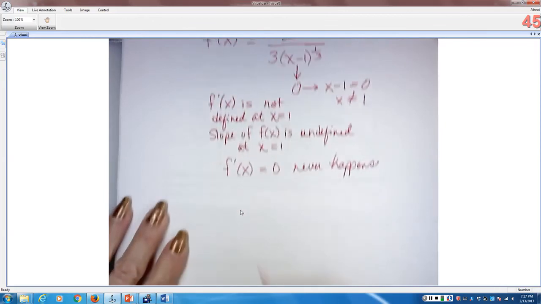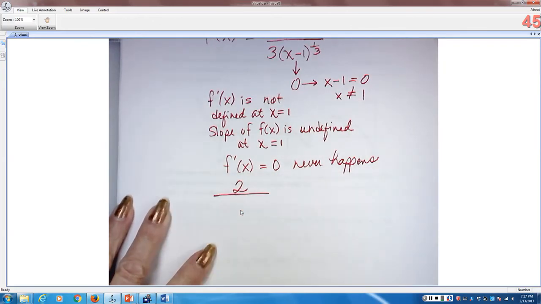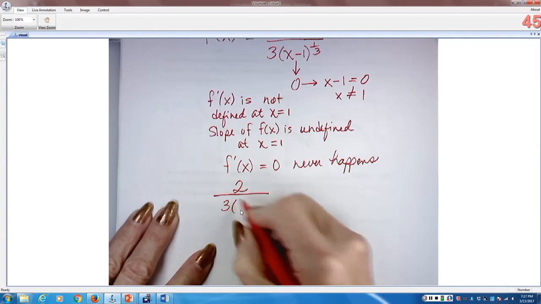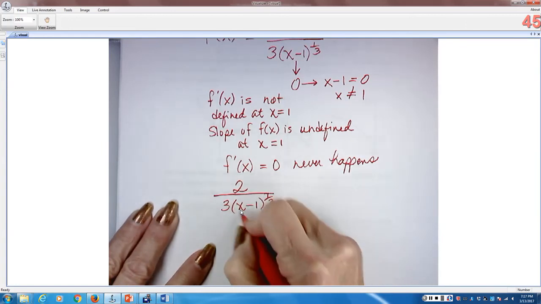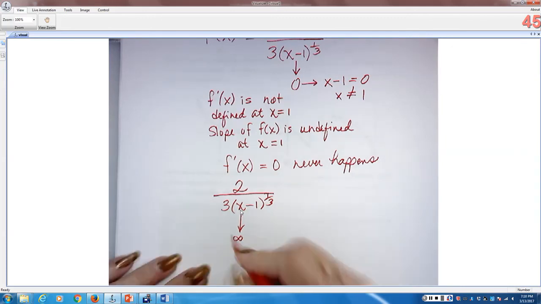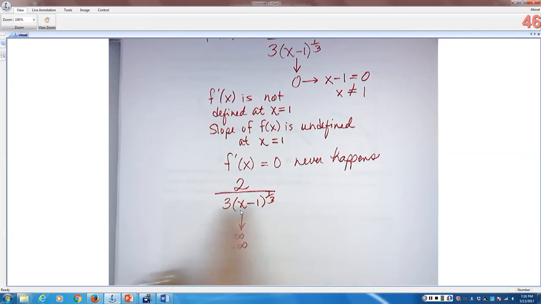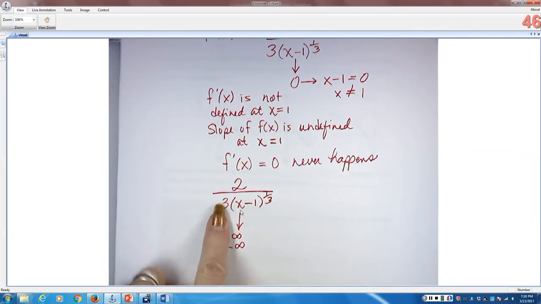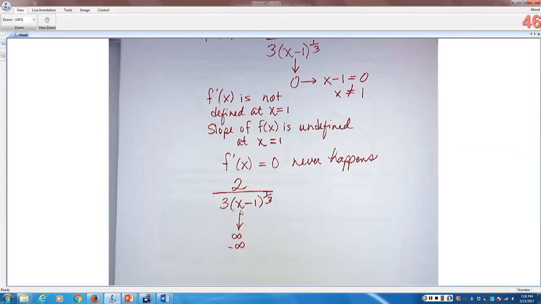But it never happens because you cannot take the number 2, and I don't care how big you make x, you can make x get as big as you want it to, or as negative as you want it to. This is never going to be big enough or small enough to turn that into 0. Doesn't matter how you cut 2 up, there's always going to be little pieces of it. It's never going to turn into 0.